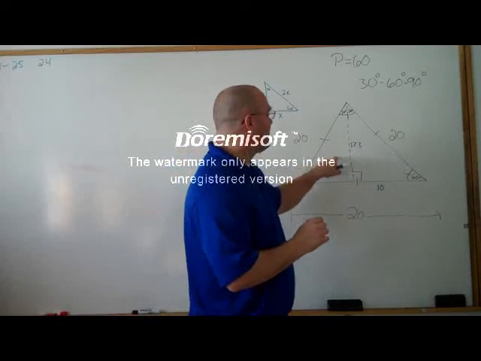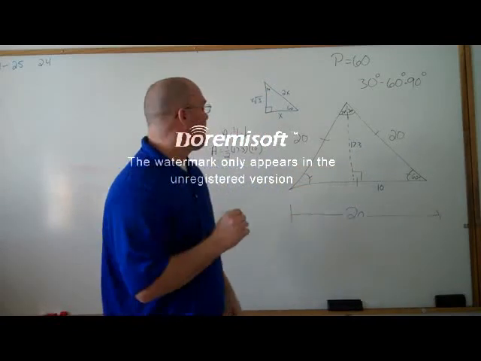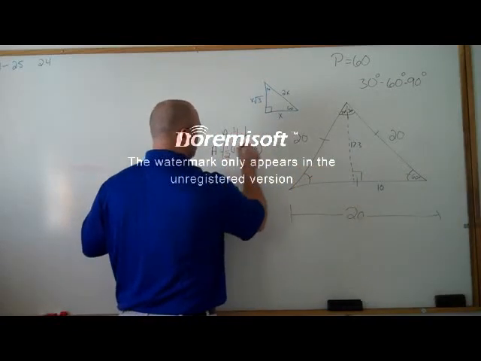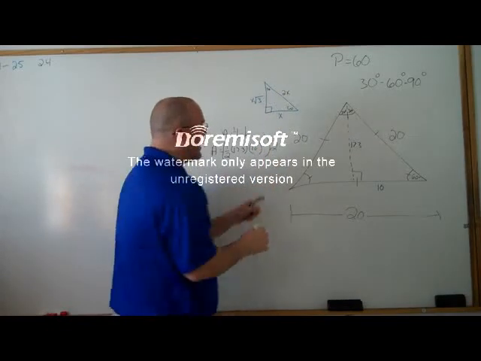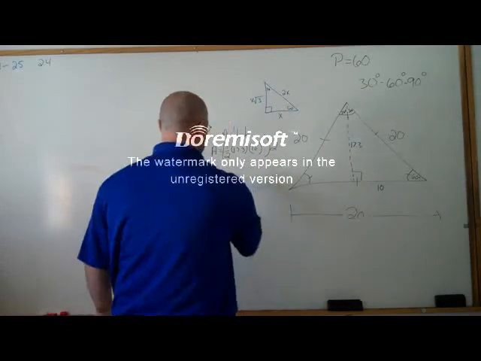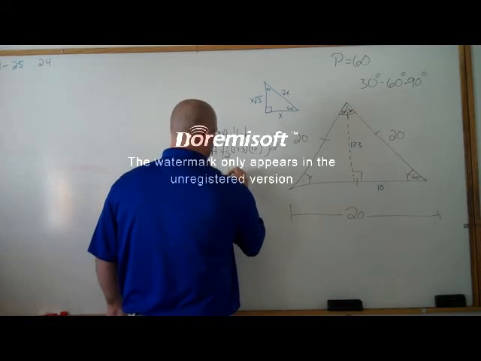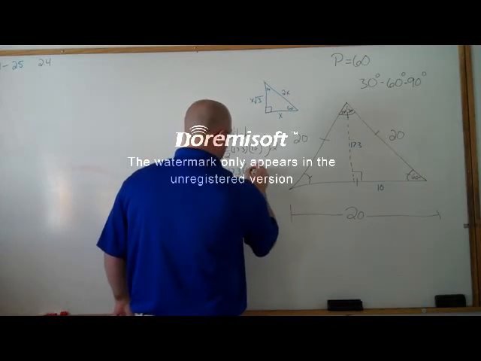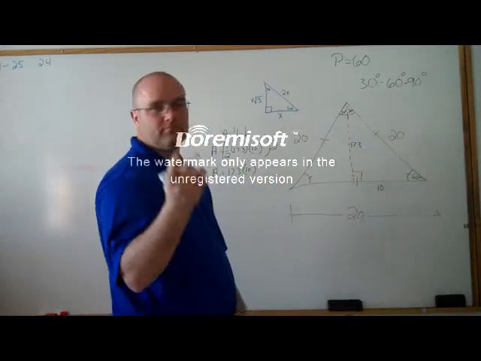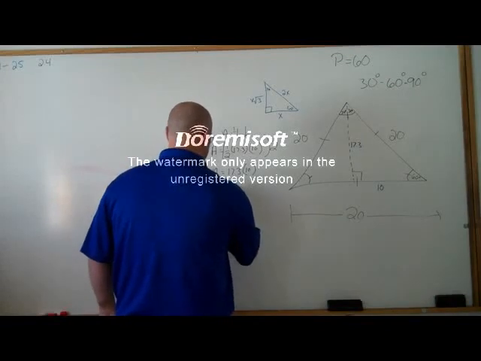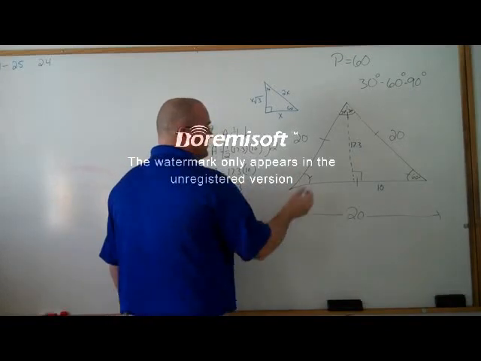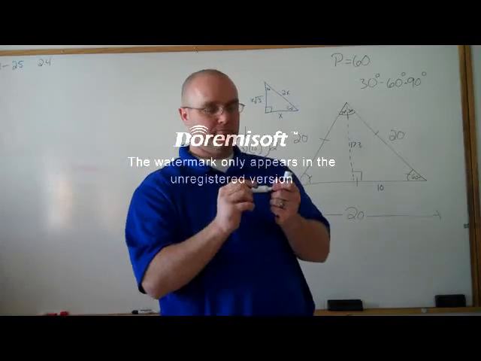We're going to double that, right? So we have to times that by 2, because we're doubling it. Once we times that by 2, it's just going to turn into area equals 17.3 times 10. So the area of that triangle is 173.